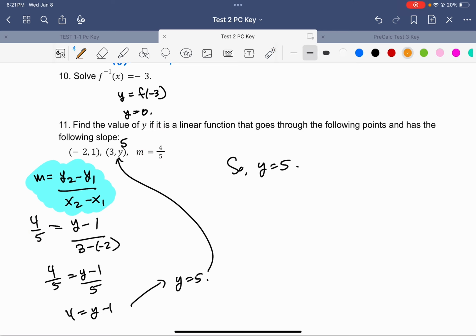And I say, look, let's let this be my x1, y1. I'm going to let this be my x2, y2. It doesn't matter which ones you do, yeah? Okay. So when you do that, you end up getting that 4 is equal to y minus 1, or in other words, y must have been 5. And there you go. You can just solve for y.